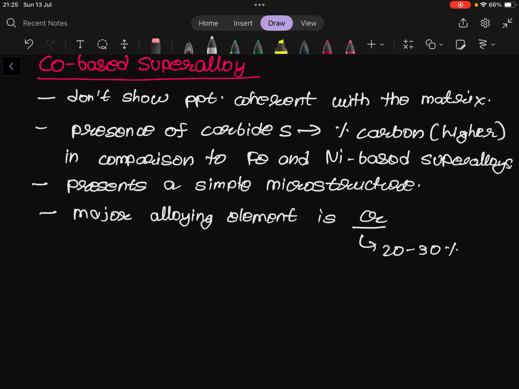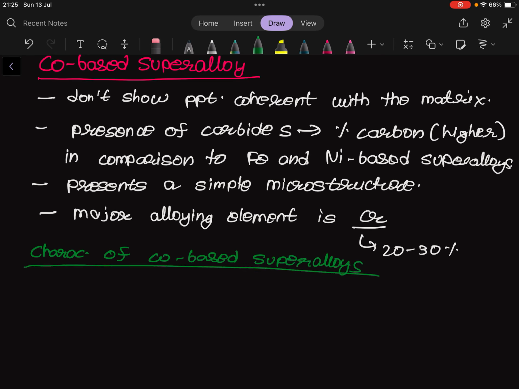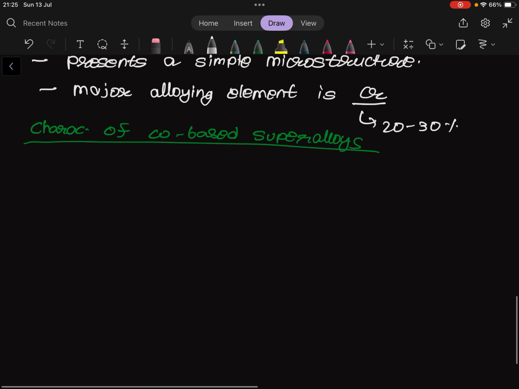So which are the characteristics of the cobalt based superalloys? Let me write it. So they have quite good corrosion resistance.